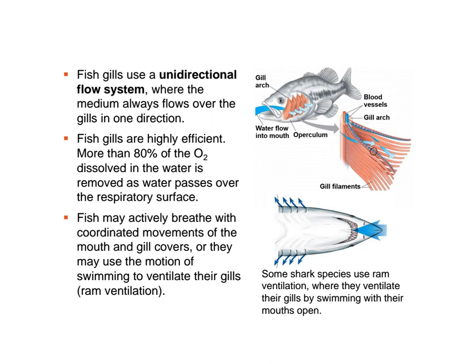And there are essentially two ways that fish can breathe. They may actively breathe with coordinated movements of the mouth and the gill covers. So it's kind of a pumping action that you'll do. If you go to an aquarium and you look at fish, you can sometimes see them doing this. Additionally, some fish can also simply open their mouth, and as they're moving forward, the water will flow in and then across the gills and out through the gill slit.